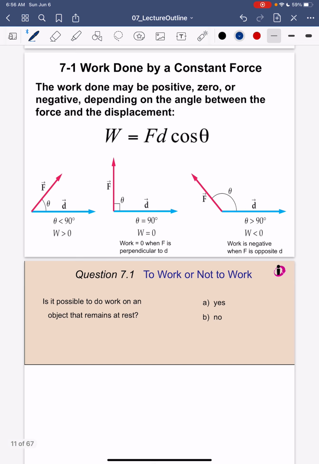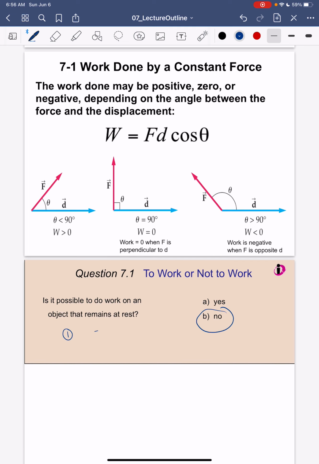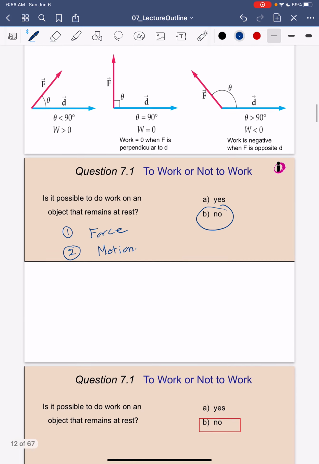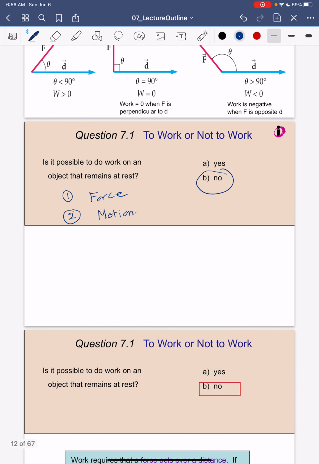Is it possible to do work on an object that remains at rest? No. Why? Because we said we should have force and we should have motion. If you are, let's say, hitting the wall, and the wall is not moving, then the work done is 0.